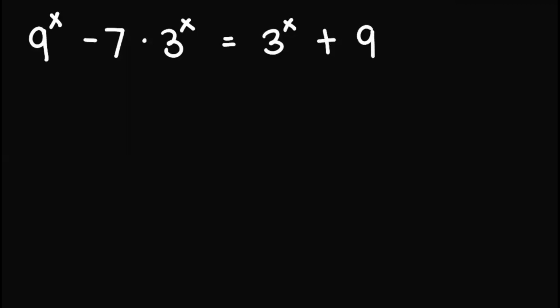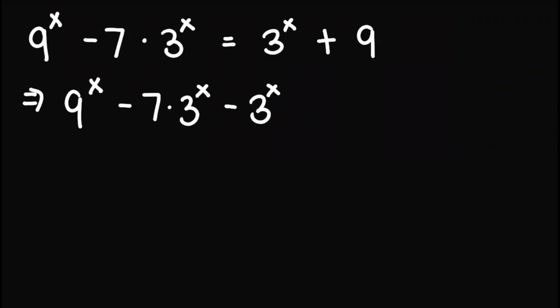This is quite a new form from what we had been solving a while ago, but let's try to slowly solve this one. First, let's move this to the left.